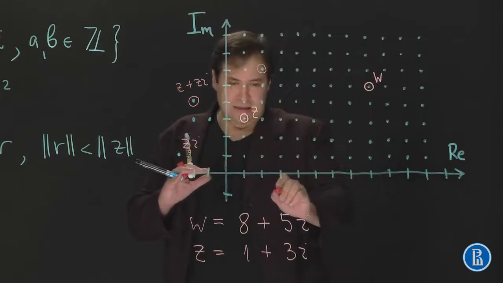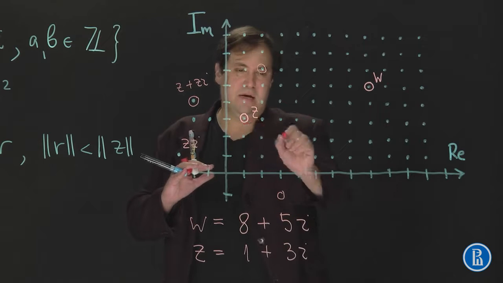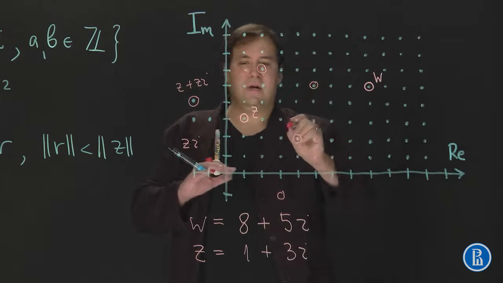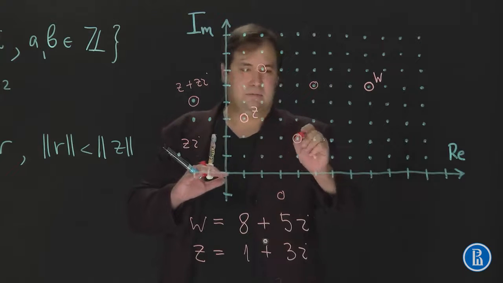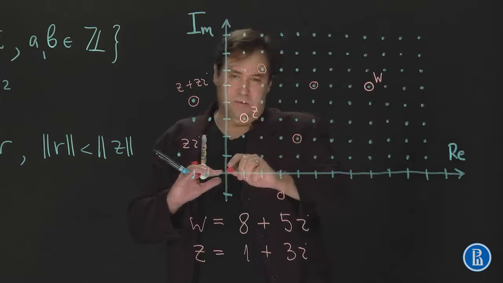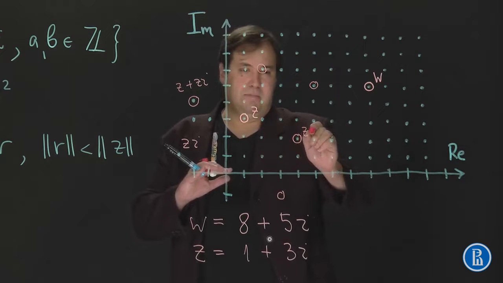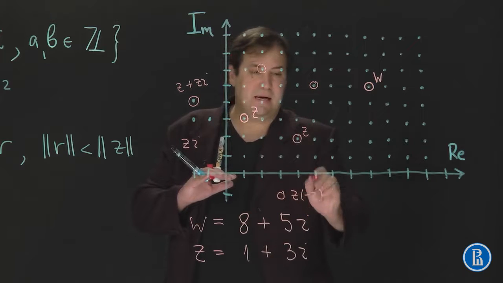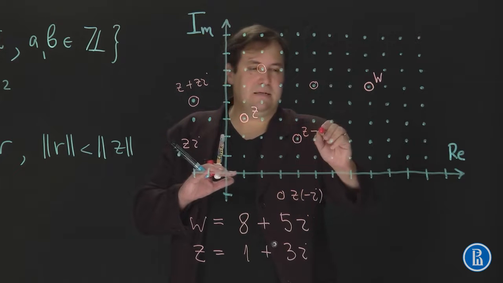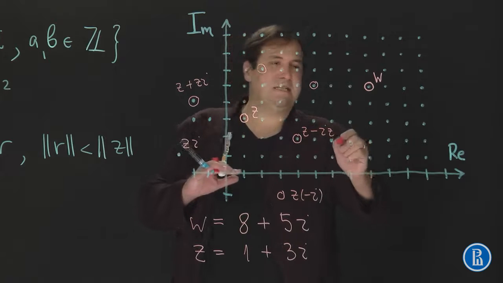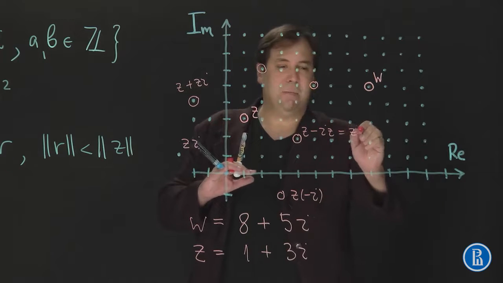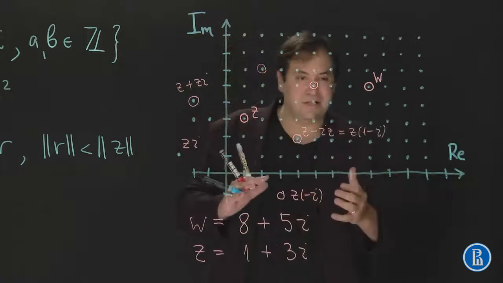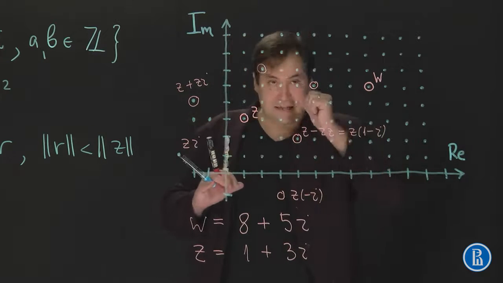Let me show you this lattice. We have a point over here, and a point over here, and a point over here. For instance, this complex integer is equal to z plus z multiplied by minus i. So it is equal to z minus iz, which is the same as z multiplied by 1 minus i.